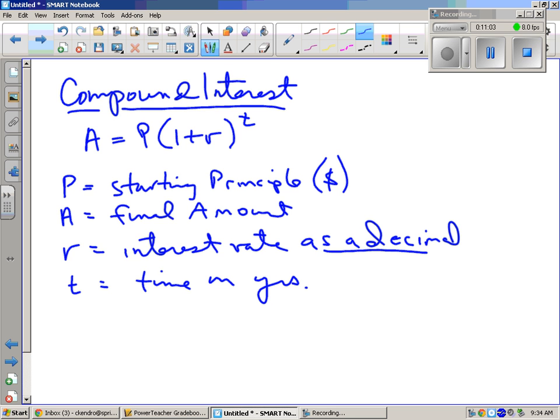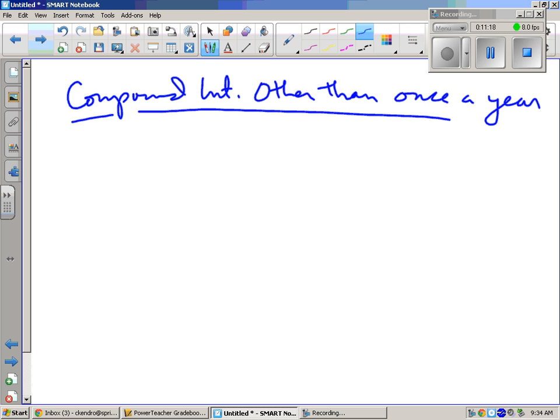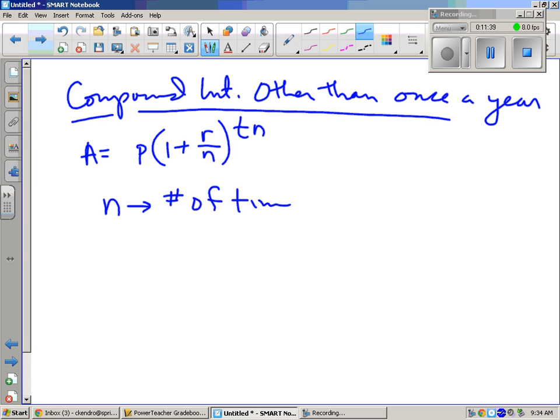The next one is compound interest other than once a year, and that's A equals P times 1 plus r over n, raised to the nt. n is the only thing that's really different here, and n is just the number of times per year the interest is calculated.